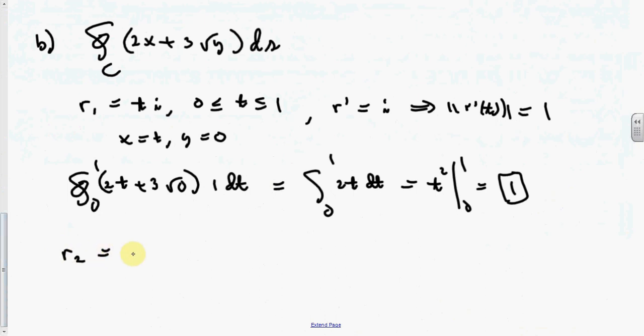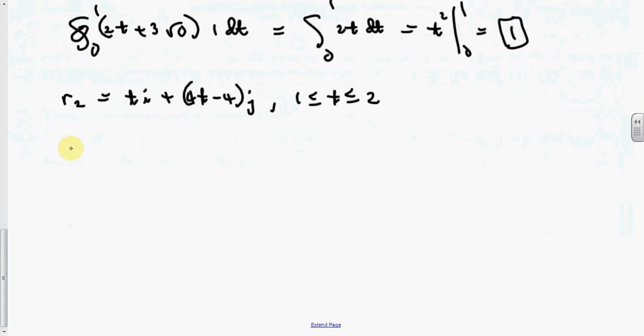R sub 2 is equal to ti plus (4t minus 4)j. And this guy is going from 1 to 2, excuse me. So we got to find its norm.